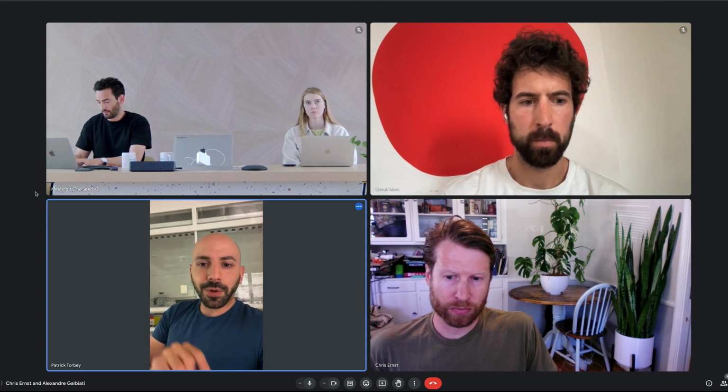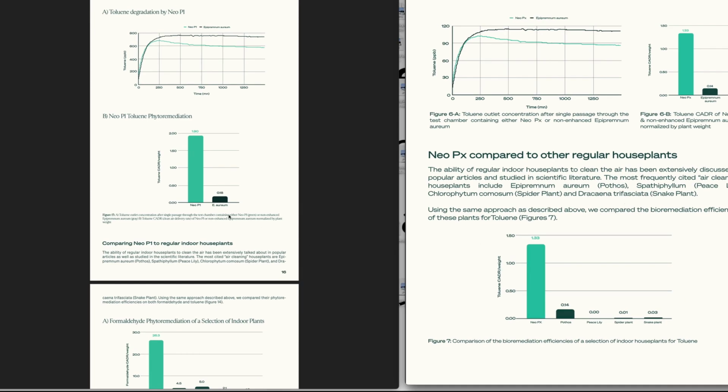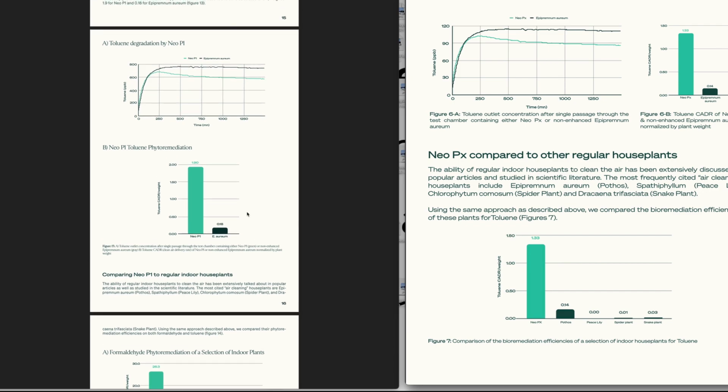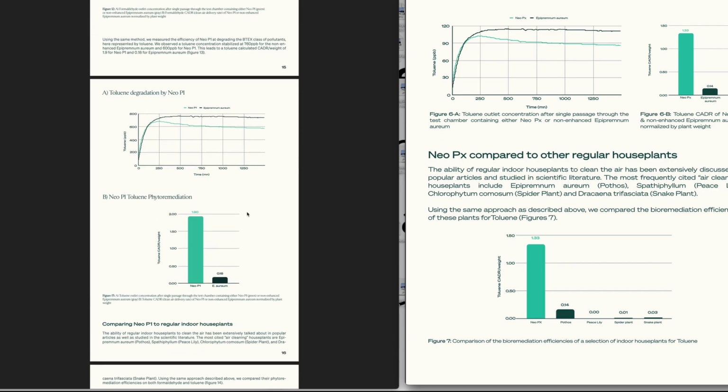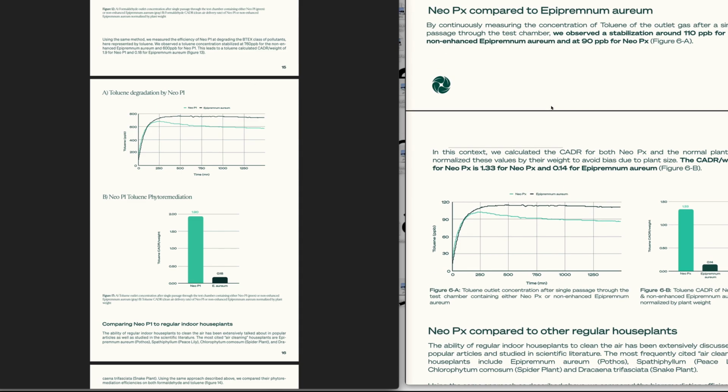And that's the case for marble queen and golden pothos. So I think the tests we ran were actually on marble queen pothos. The variation is extremely slight, and I think marble queen and golden is exactly the same. So we run everything on basically these two organisms, these two species. So the NeoP1 data, if I'm not mistaken, were done on the marble queen, but it wouldn't change anything if it's on the golden pothos.